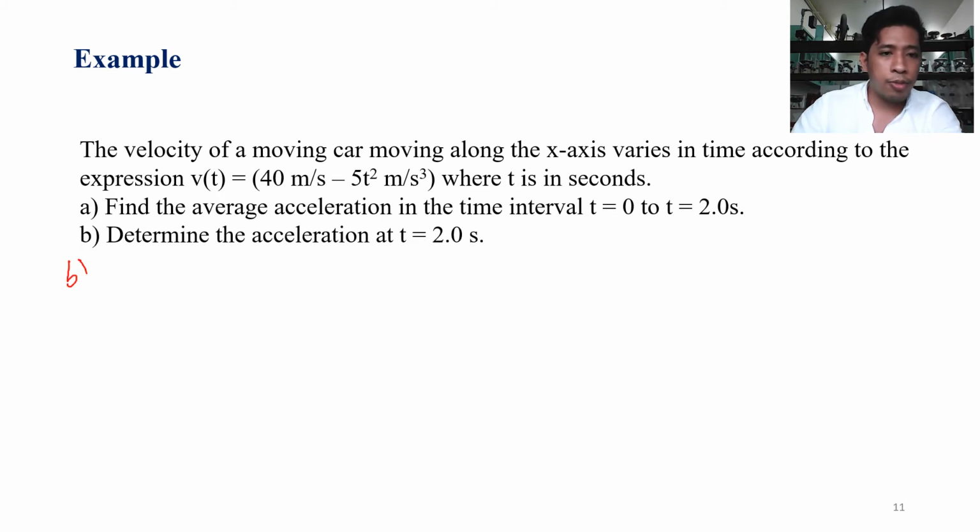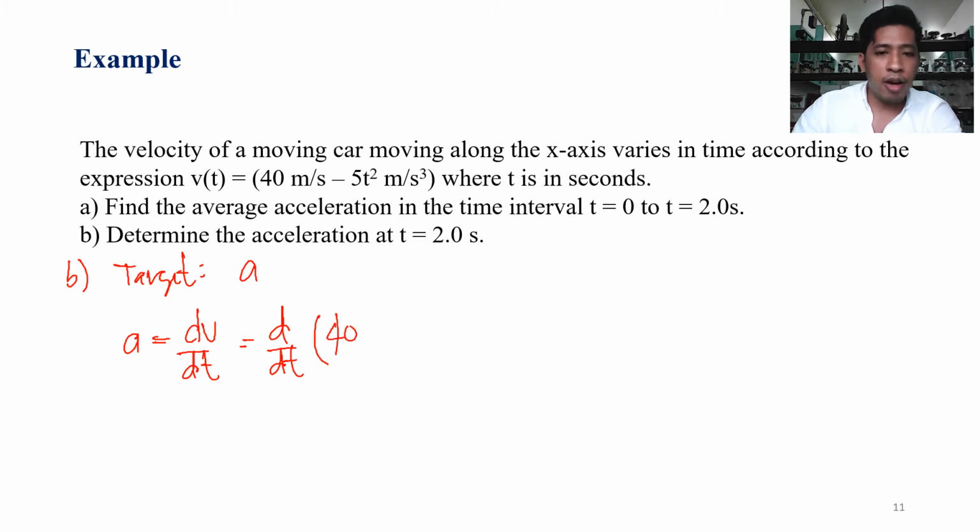Okay, so our target is the acceleration a. Your instantaneous acceleration is equal to dv over dt. That means we need to find the time derivative of this function, 40 meters per second minus 5t squared meters per second cubed.